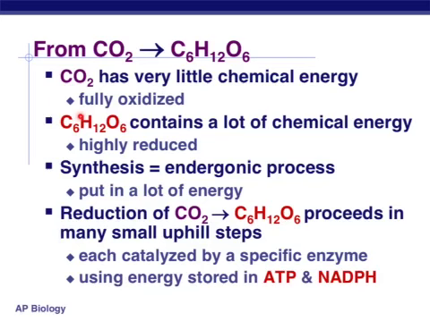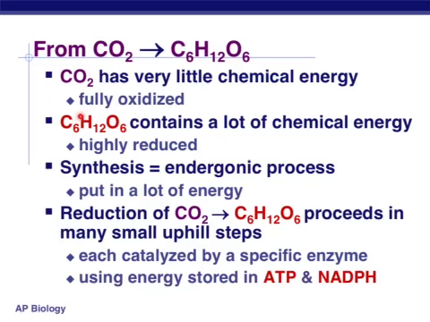Now, cellular respiration and even the light-dependent reactions of photosynthesis were both downhill processes. We started off really high energy, and then as those electrons moved, they lost some energy in the process. Now, the synthesizing section, the Calvin cycle of photosynthesis, is going to be the opposite.